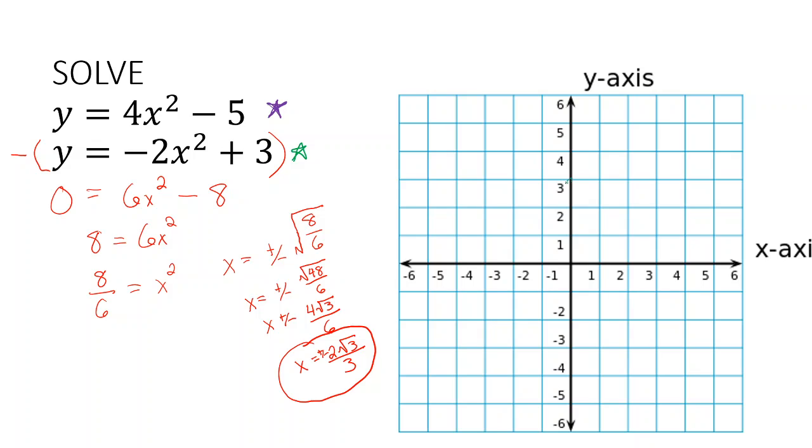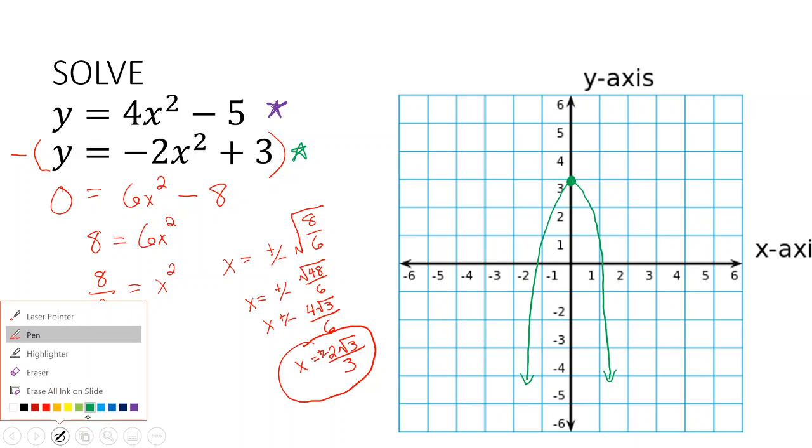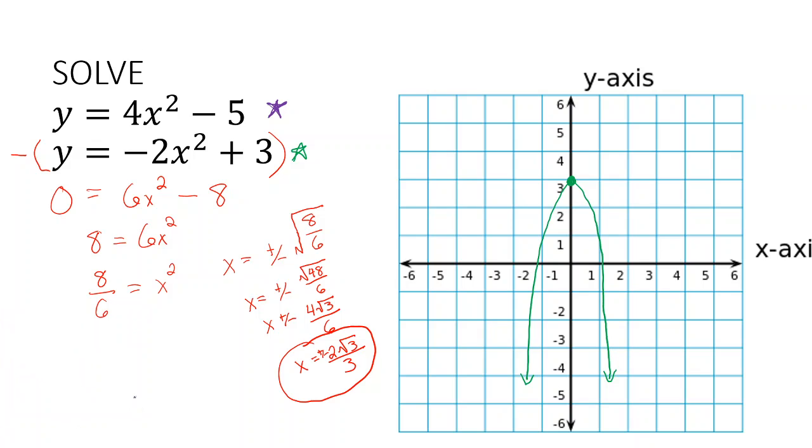So my vertex is at positive 3, and the parabola opens down, and it's narrow. Down and narrow. For the purple one, the graph is at negative 5, and it's up, and it's even narrower.